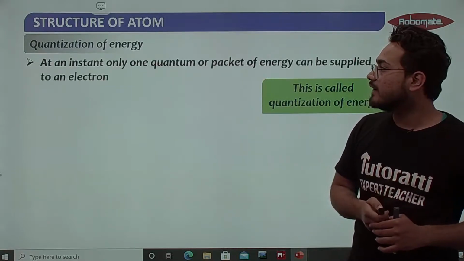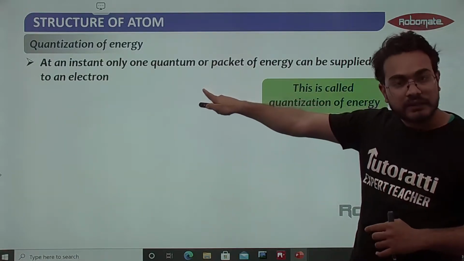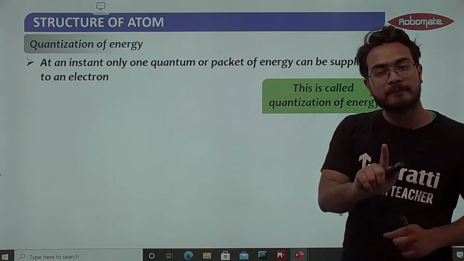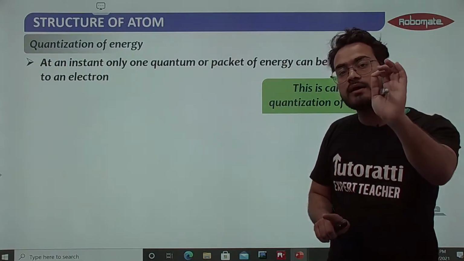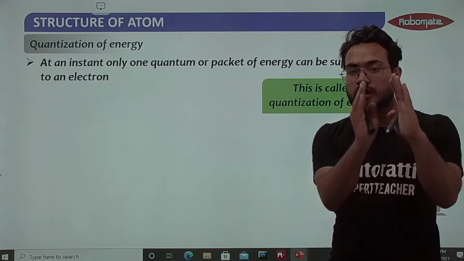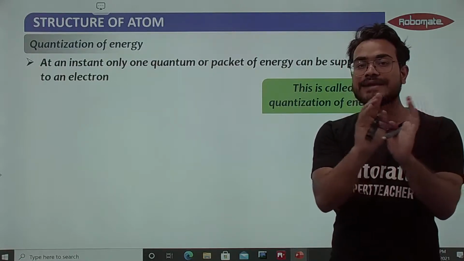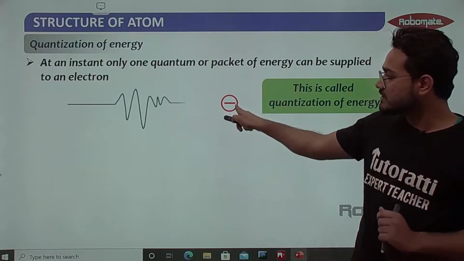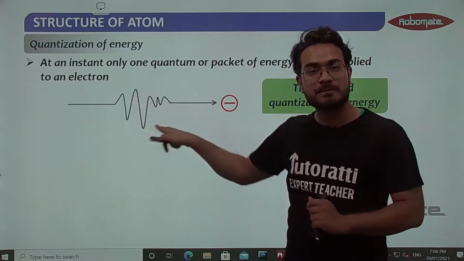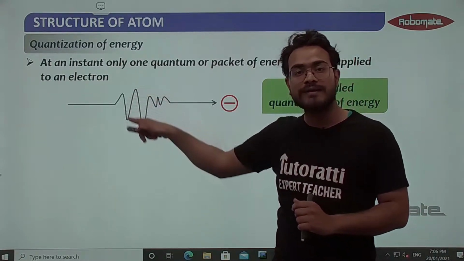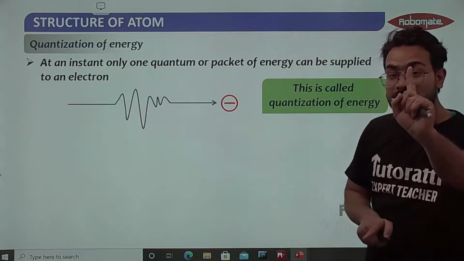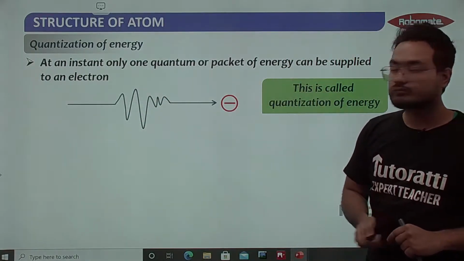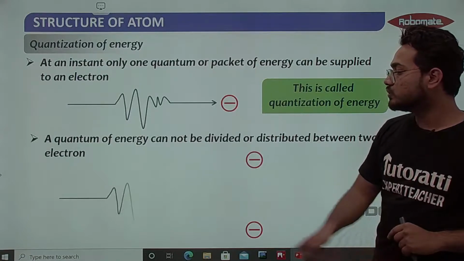If I discontinuate the energy, it is called quantization of energy. At one time, one quanta of energy, that is one particular energy, can be supplied to one electron. See this, this is the electron and this is one energy packet, one quanta of energy. Only one can be supplied to this electron, not two quantas.